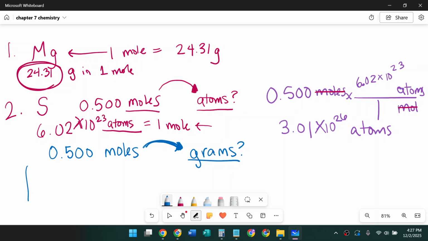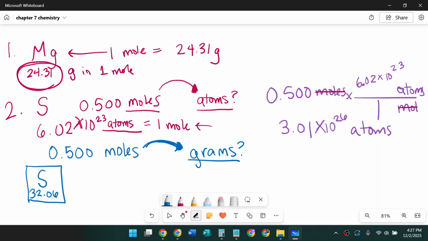And so in this case, when we're going from moles to grams, that's where we come back and we find the atomic mass. So sulfur is, let me flip back and see, 32.06. I have a nice chart on my wall, but it has too many decimal places because in our book we only use 2 decimal places for the atomic mass, but the chart on my wall uses 4.